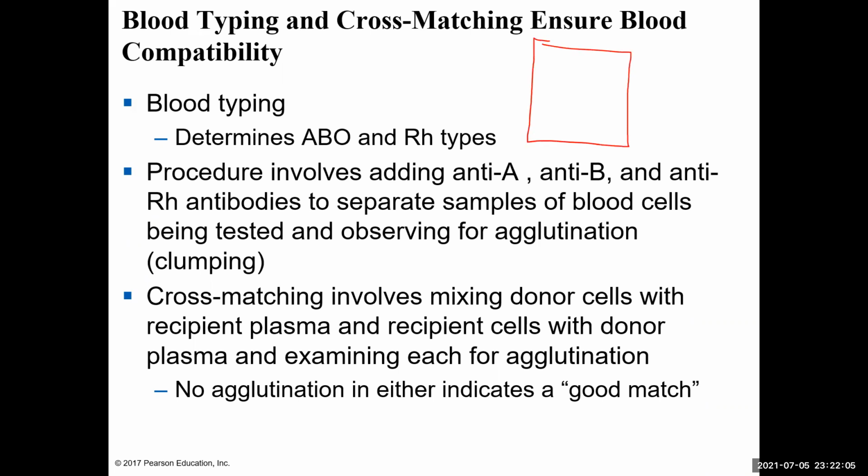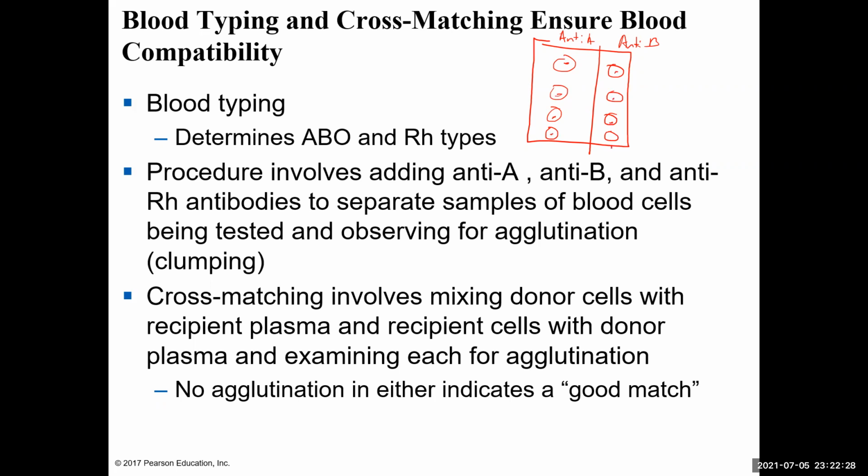And on that plate, you would have, say, anti-A and then anti-B, right? And then you would have little wells, little divots in that plate where you would put a sample of blood in each.